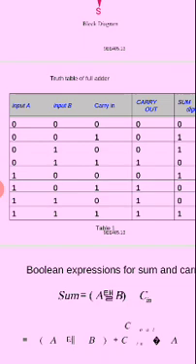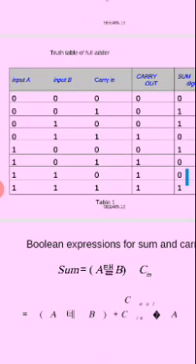For the 1 0 1 combination, carry 1, sum 0. For the 1 1 0 combination, carry 1, sum 0.